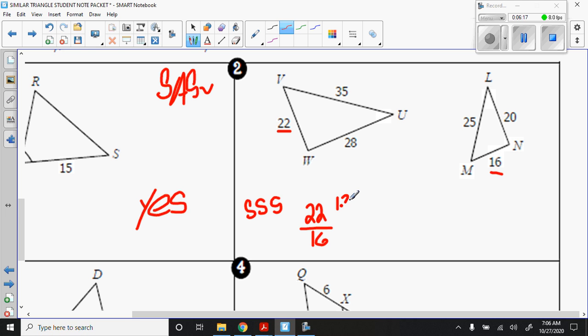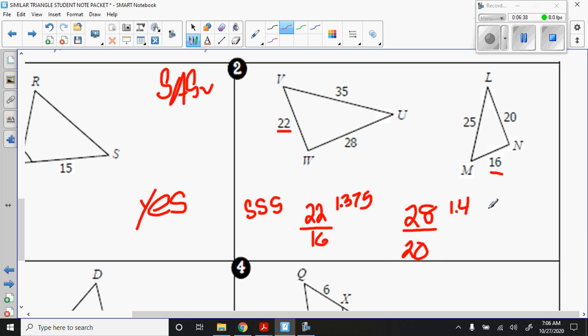So 1.375. Okay, so let's look at mediums. 28 is a medium, and 20 is a medium. So I'm going to put 28 over 20 and check that math. 28 divided by 20 is 1.4.